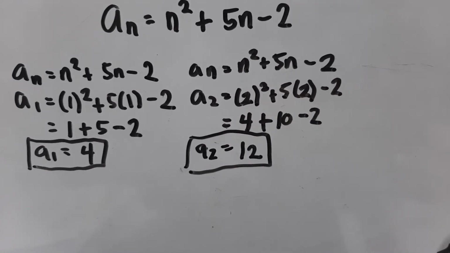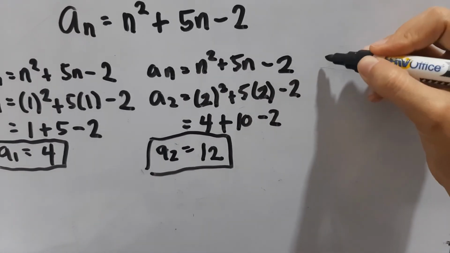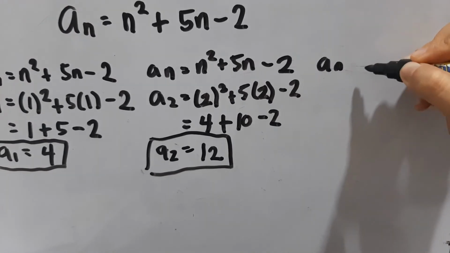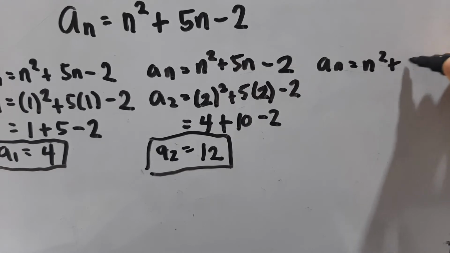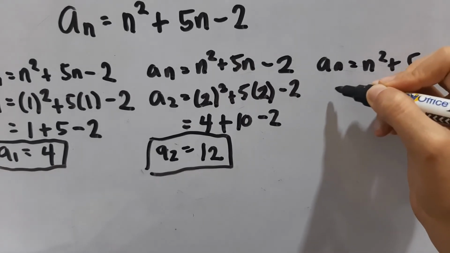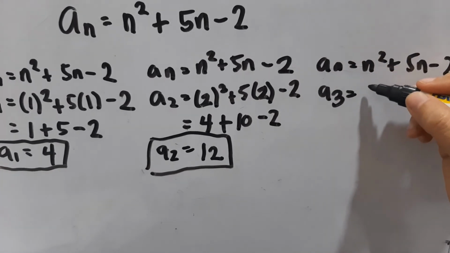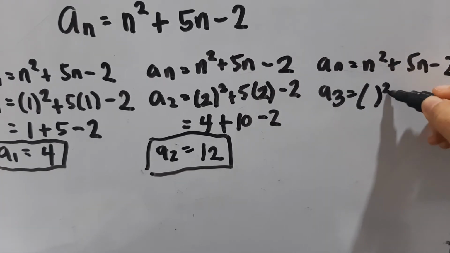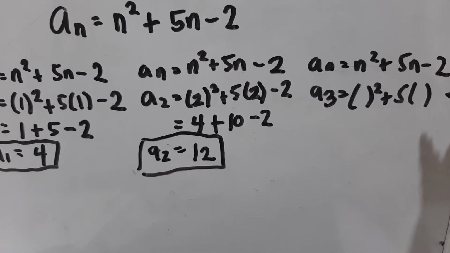Okay, let's proceed to the third term. Equals n squared plus 5n minus 2. So, parenthesis again, squared plus 5 parenthesis minus 2.